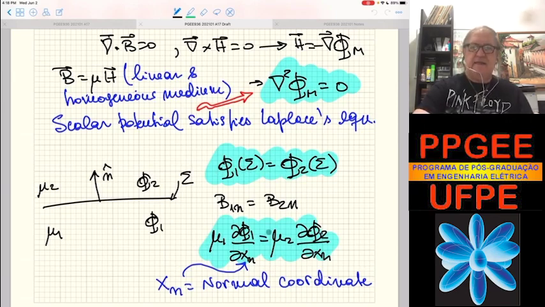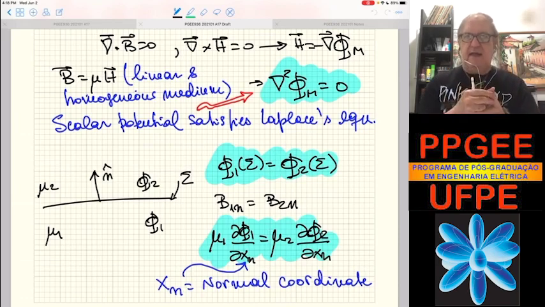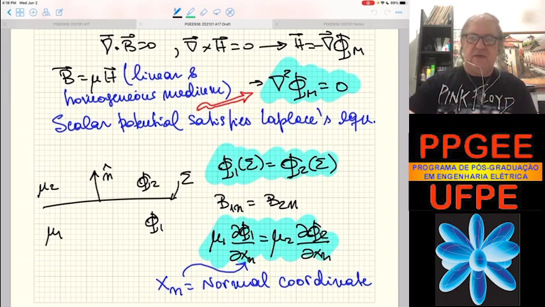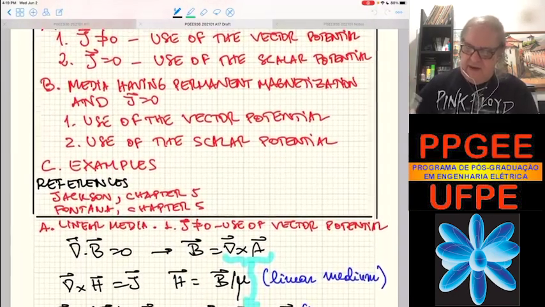Okay, the first case was linear media with vector potential or scalar potential. The second case is a medium described by a permanent magnetization. Let me fix the way we are doing this.